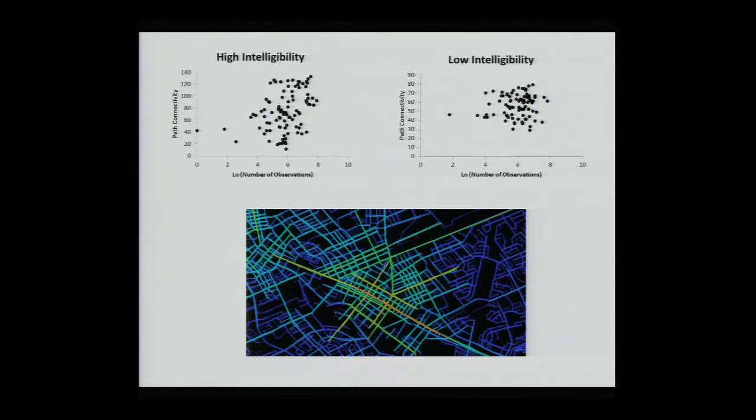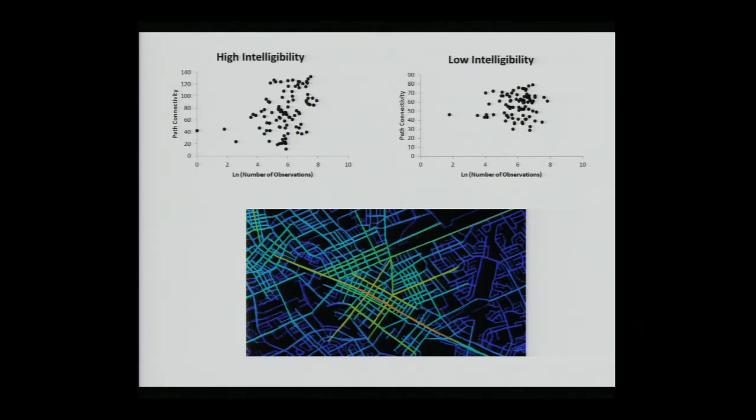Typically what you find when you look at how connectivity relates to behavior is, if you look at a discrete area in the space, which we'll call highly intelligible because it's constructed in a very systematic way where the roads are all very connected with each other, but other factors are important too, that when a route is more connected, if you count the number of people going through an intersection at a given point in time, you'll see more people.